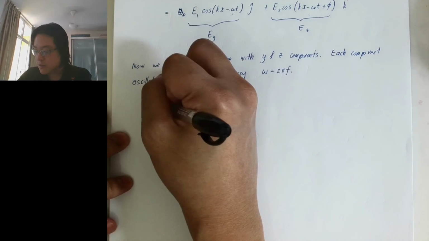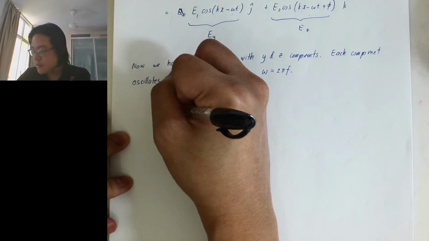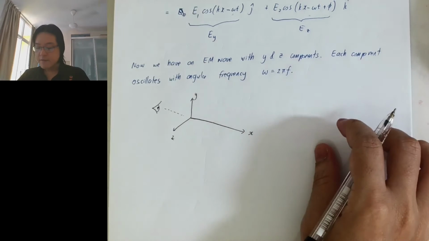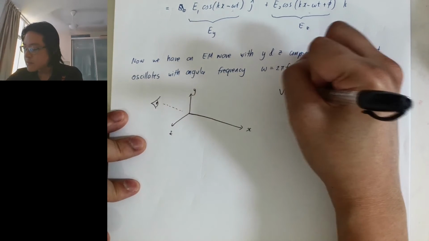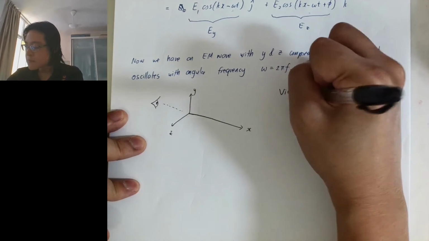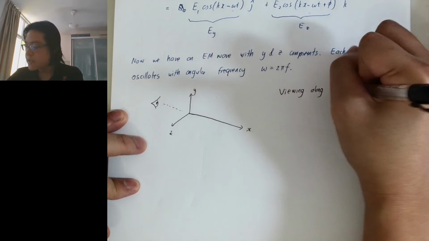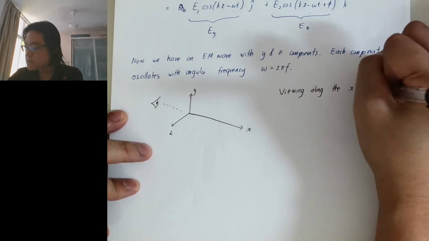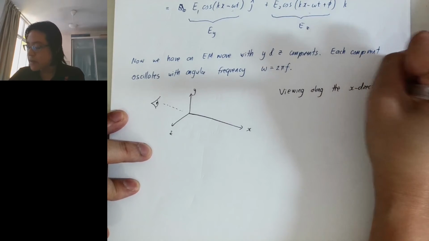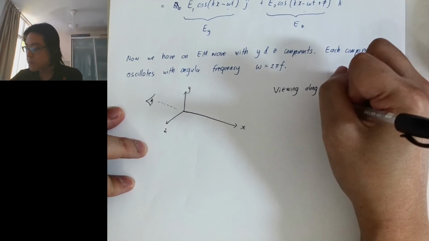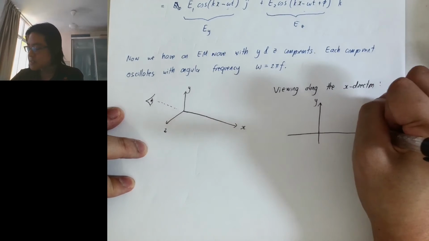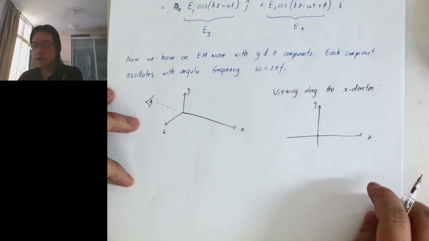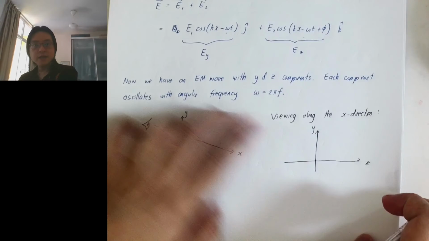So I'm just going to look at this along the x direction. If I look from the x direction, I will see the y-axis like this, and the z-axis like this. And if I look at it like this, what does the vector look like?